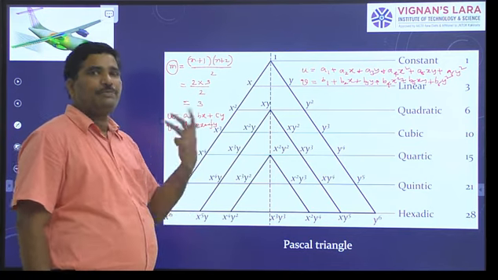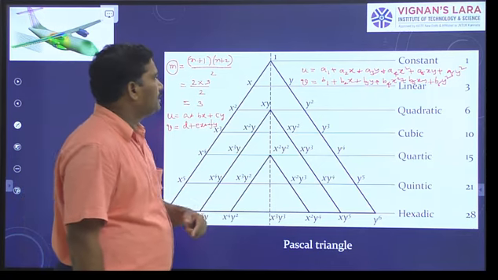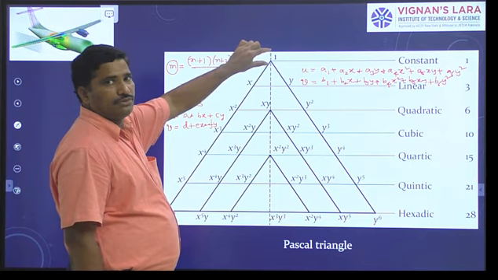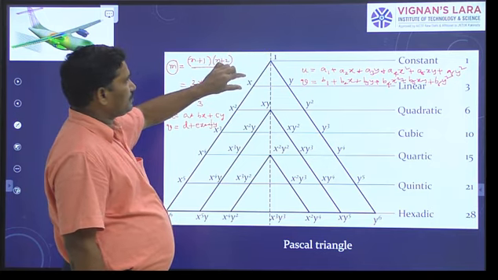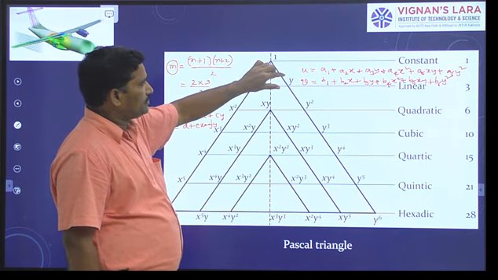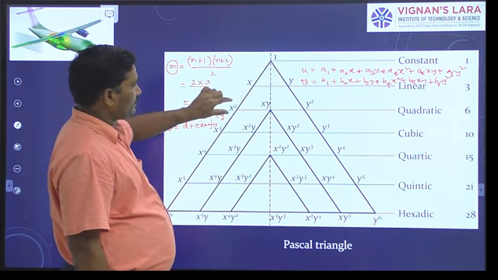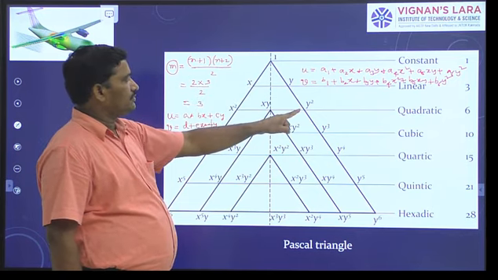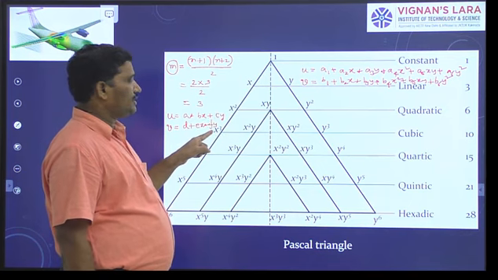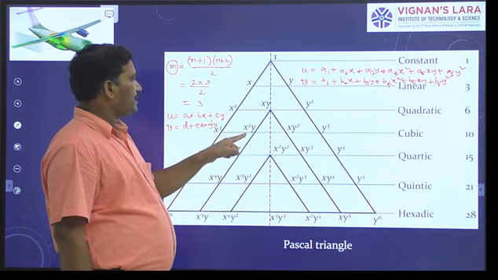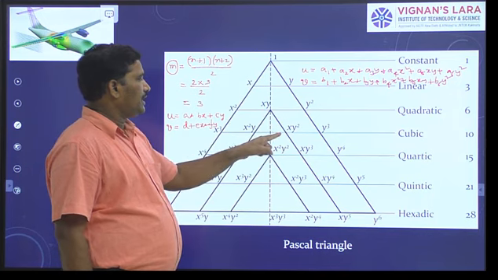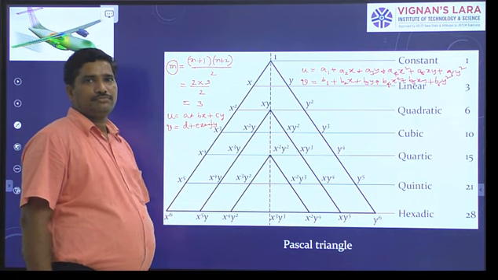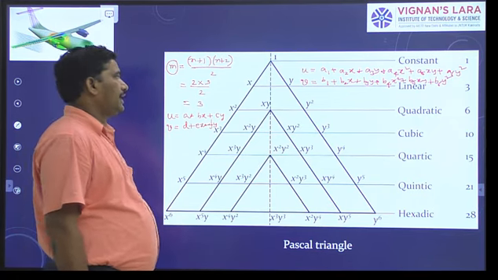You get a cubic polynomial. How do you get it? Say u equals to, now say a1 into 1 plus a2 into x plus a3 into y plus a4 into x square plus a5 into xy plus a6 into y square plus a7 into x cube plus a8 x square y plus a9 xy square plus a10 y cube. Okay, next.